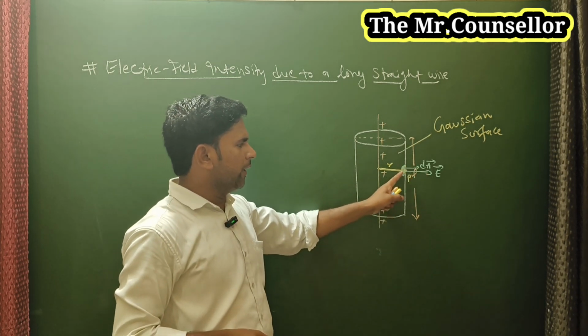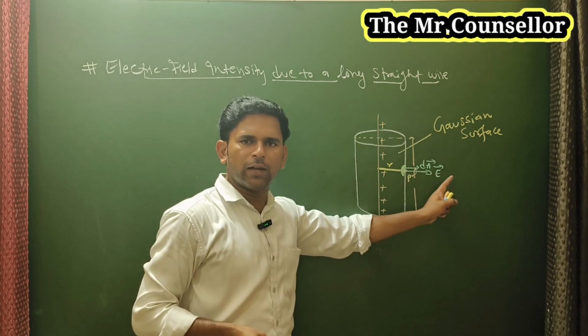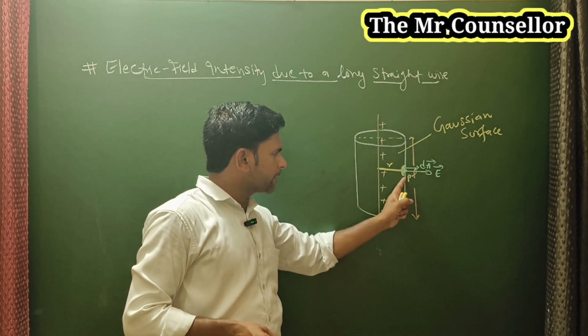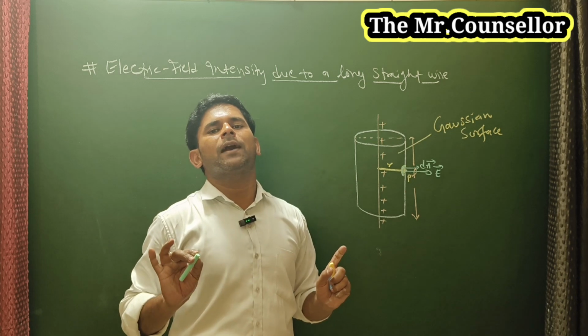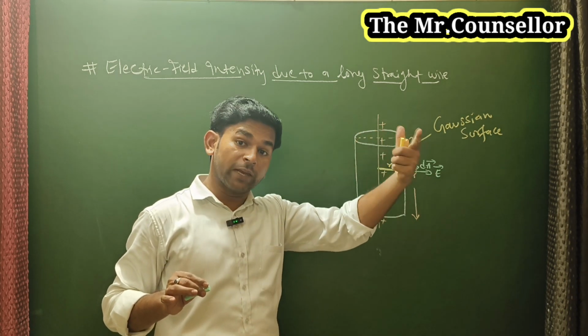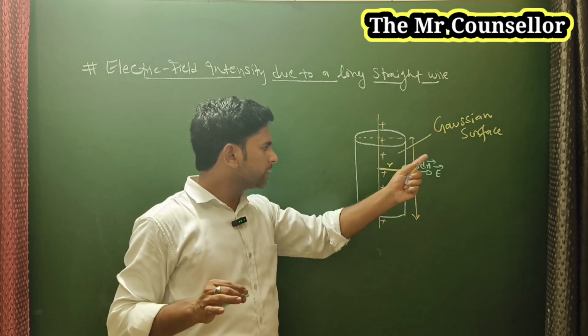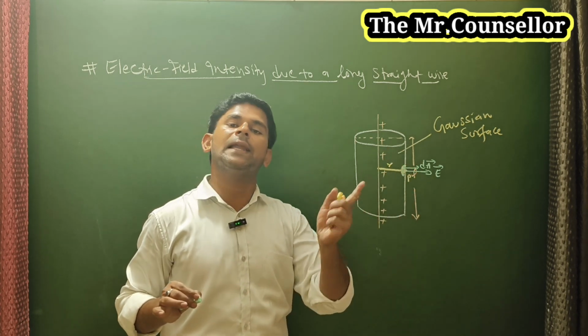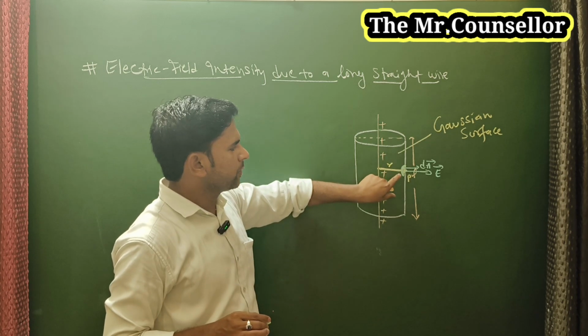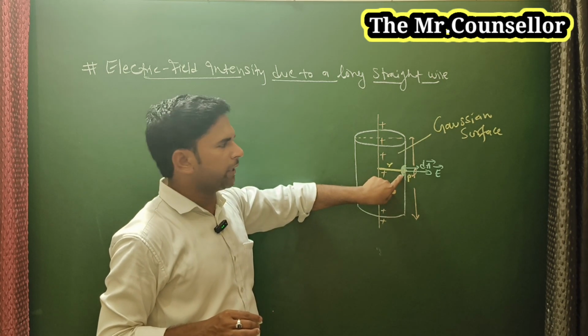A number of electric field lines are passing through this surface. That measurement of the number of electric field lines per unit area is called electric flux. So first we will discuss electric flux due to this elementary area.